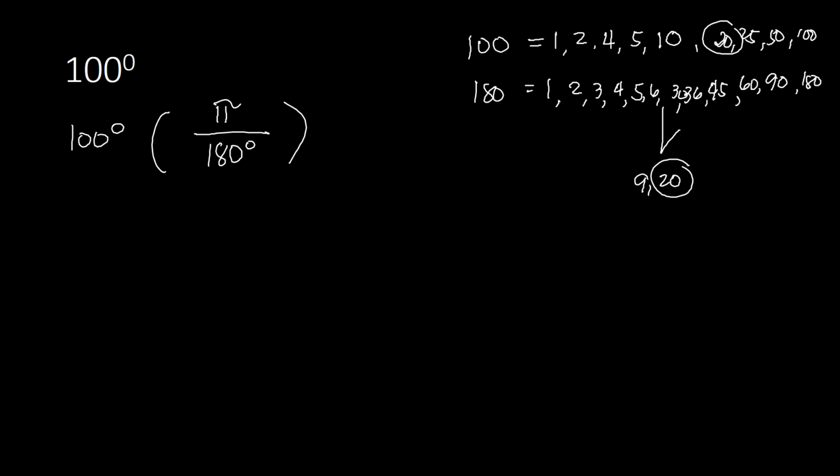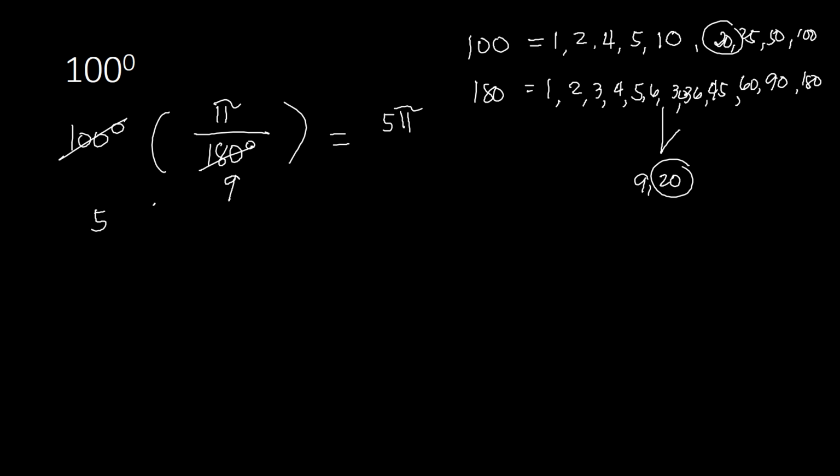So we're dividing each of the numbers by 20. So 100 divided by 20 is equivalent to 5. And then 180 degrees divided by 20, that will be 9. And then of course we cancel our degree symbol here, and then we can now multiply 5 and pi, that will be 5 pi.